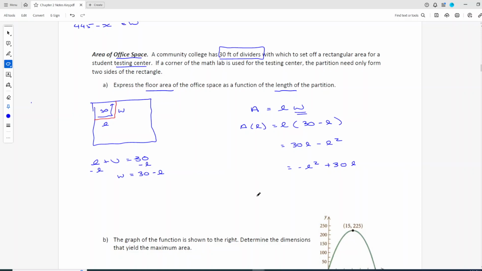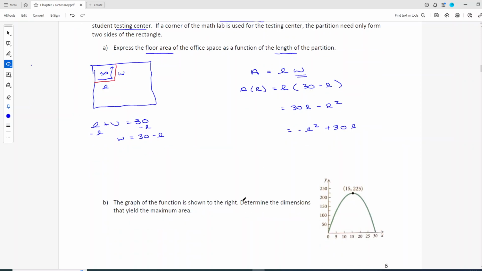Okay, the next thing, just to give you a purpose for this: the graph of the function is shown to the right, and I want to determine the dimensions that yield the maximum area. Really what I care about is that if I show you that I'm modeling area as a function of length, this vertical axis is area and the length would be your x-axis.